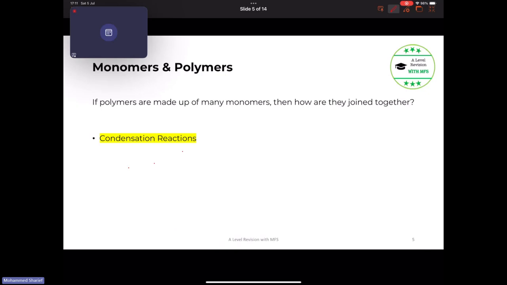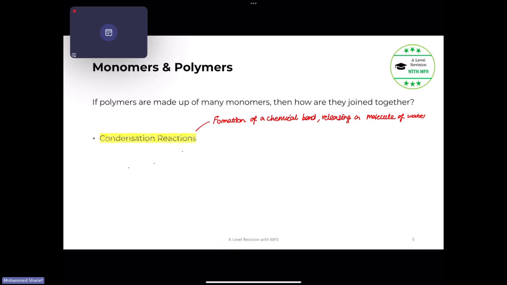Now, you probably know from GCSE what a condensation reaction is. A condensation reaction is just the formation of a chemical bond releasing a molecule of water. And I've got the definition here as well.